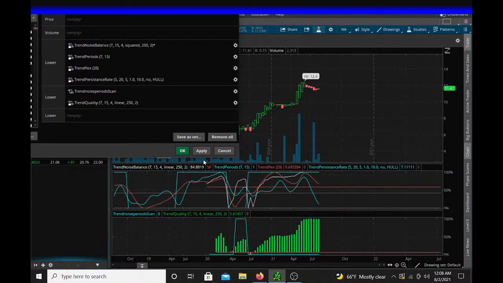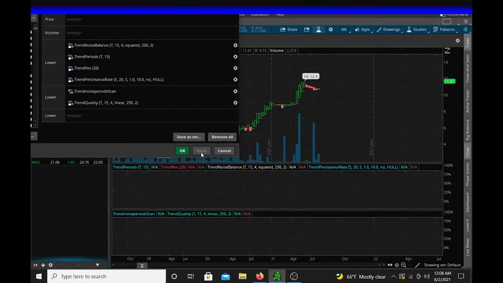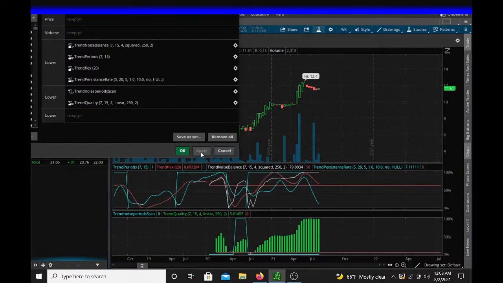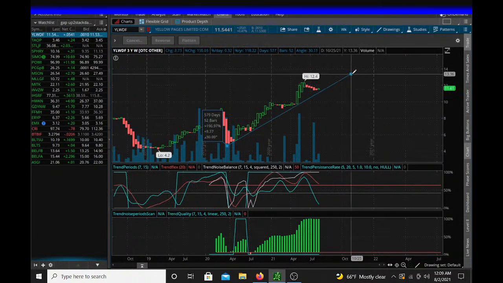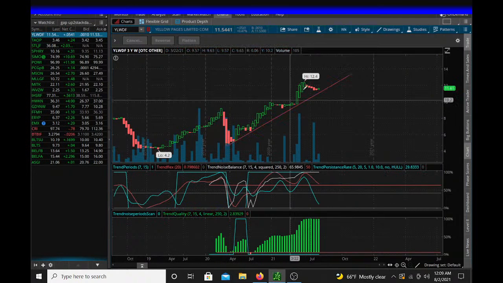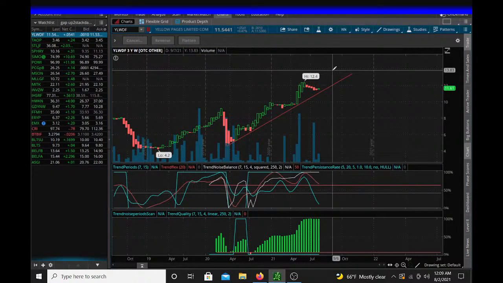Alright. And go. We may have to do that again. But we still see this low here. And we see this trend line respected all the way up in a few places.